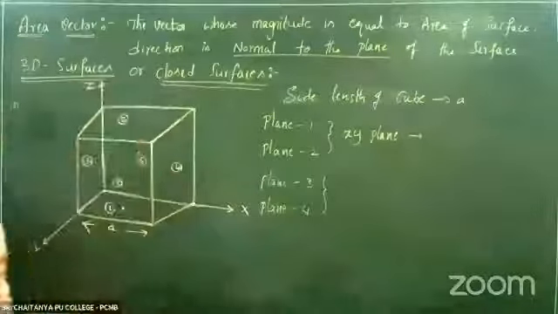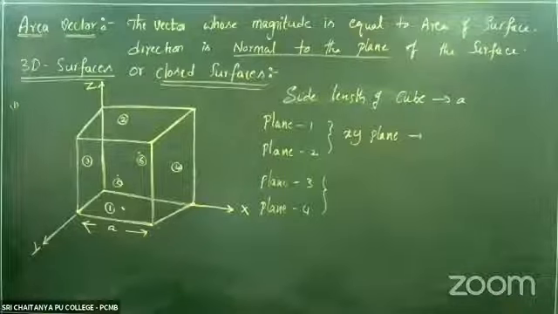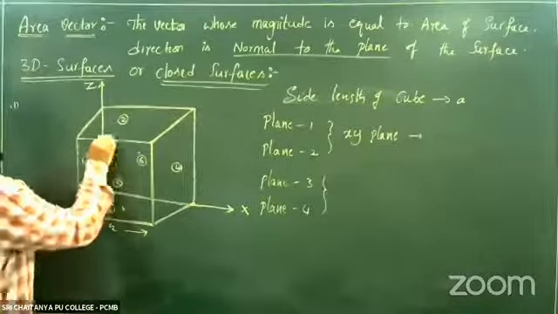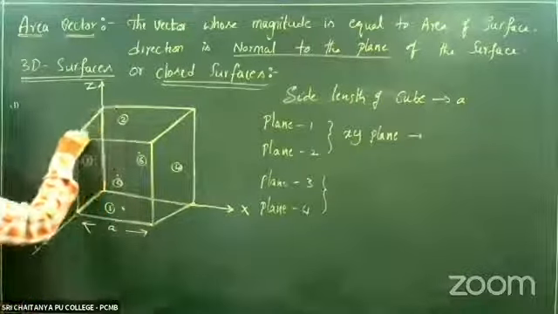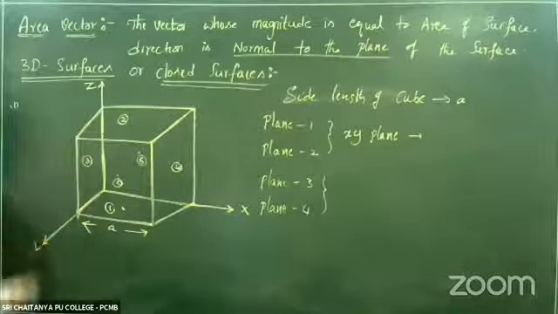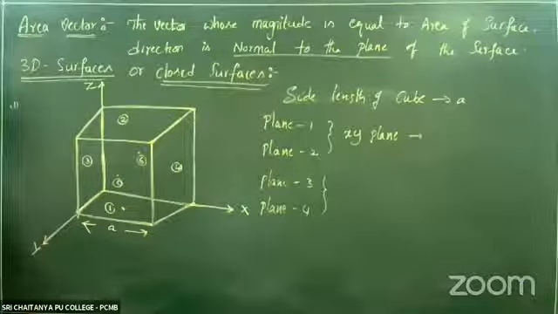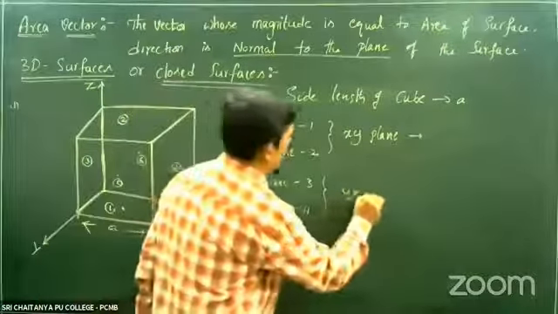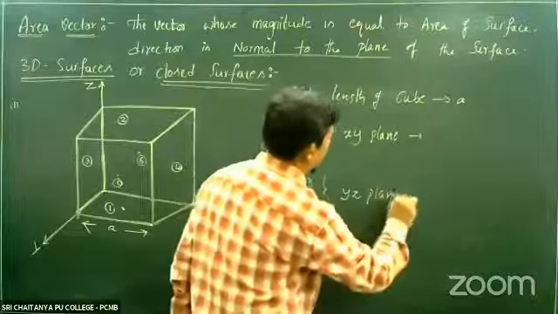What about 3 and 4? Plane 3 and plane 4 are formed by these two axes. Which axes? Y and Z axis, right? Which planes are they?